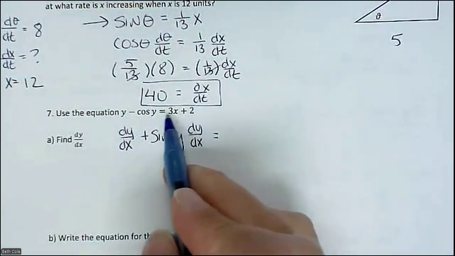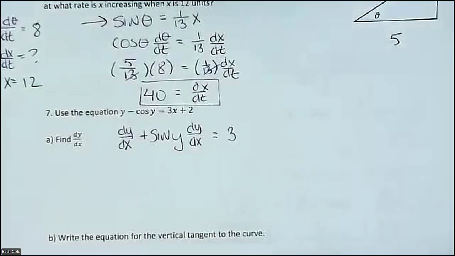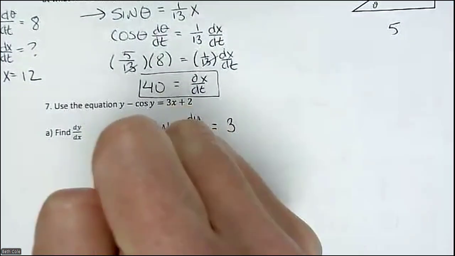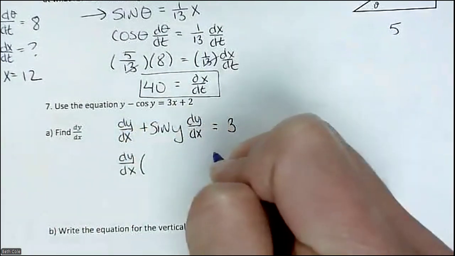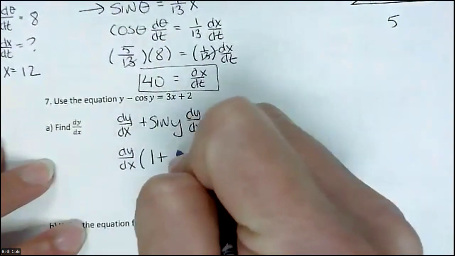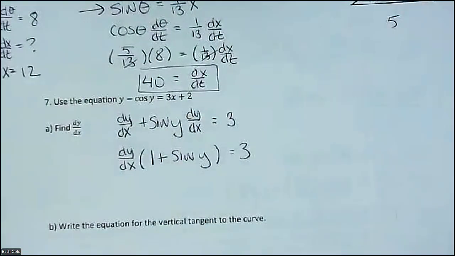Equals, and then derivative of 3x plus 2 is just 3. Now you have 2 dy dx's. When there's 2 of them, we're going to factor it out. So GCF. So, and this is a little bit tricky. What's left when you factor that out? Good, there's a 1 there. 1 plus sine of y.